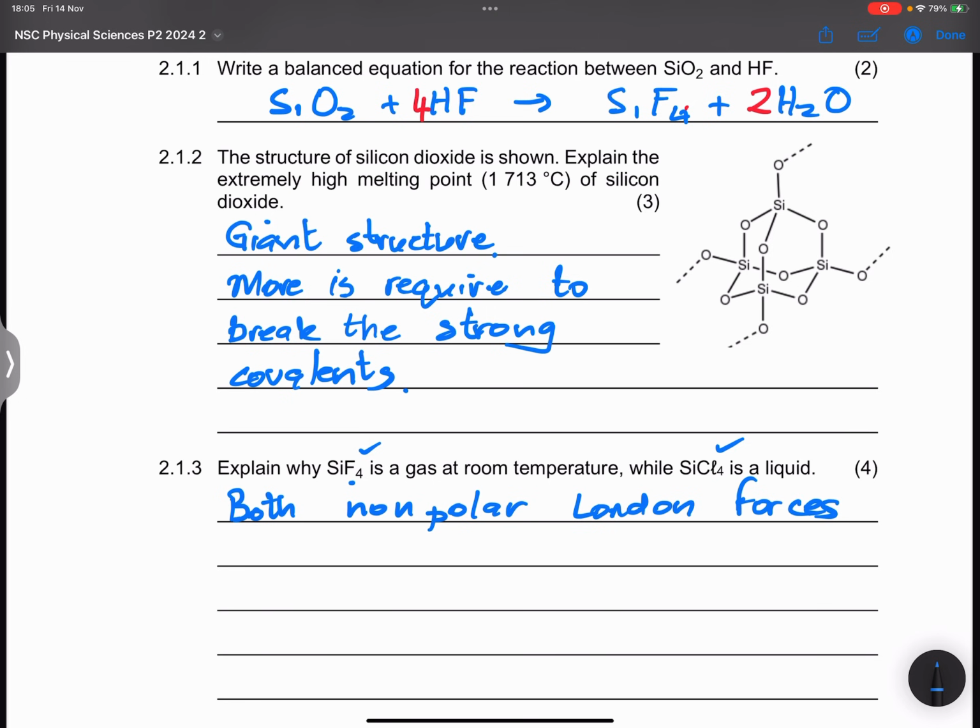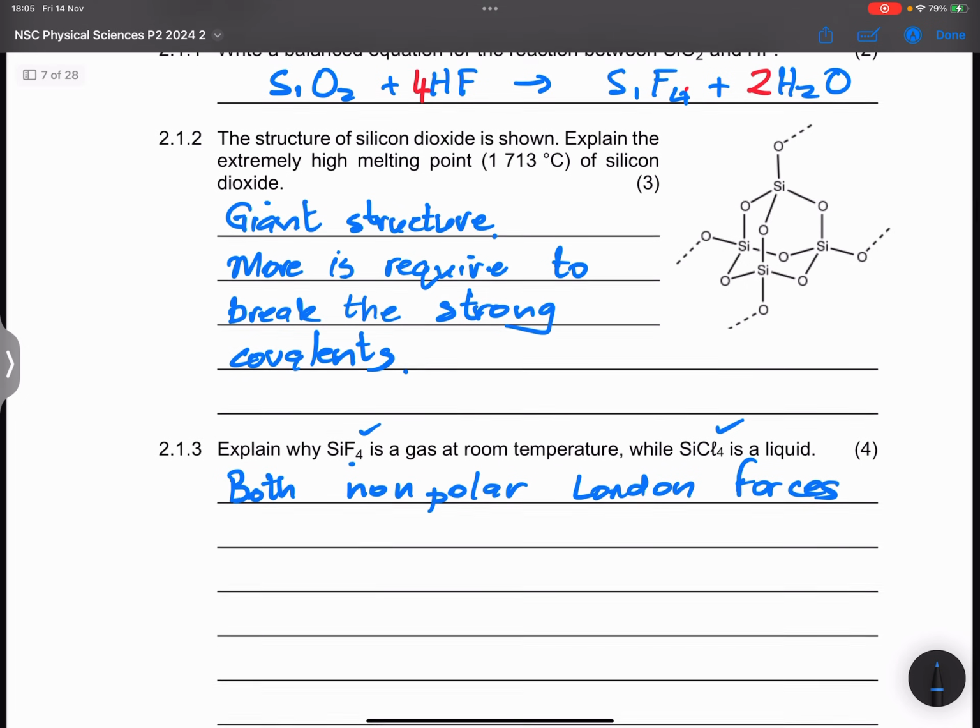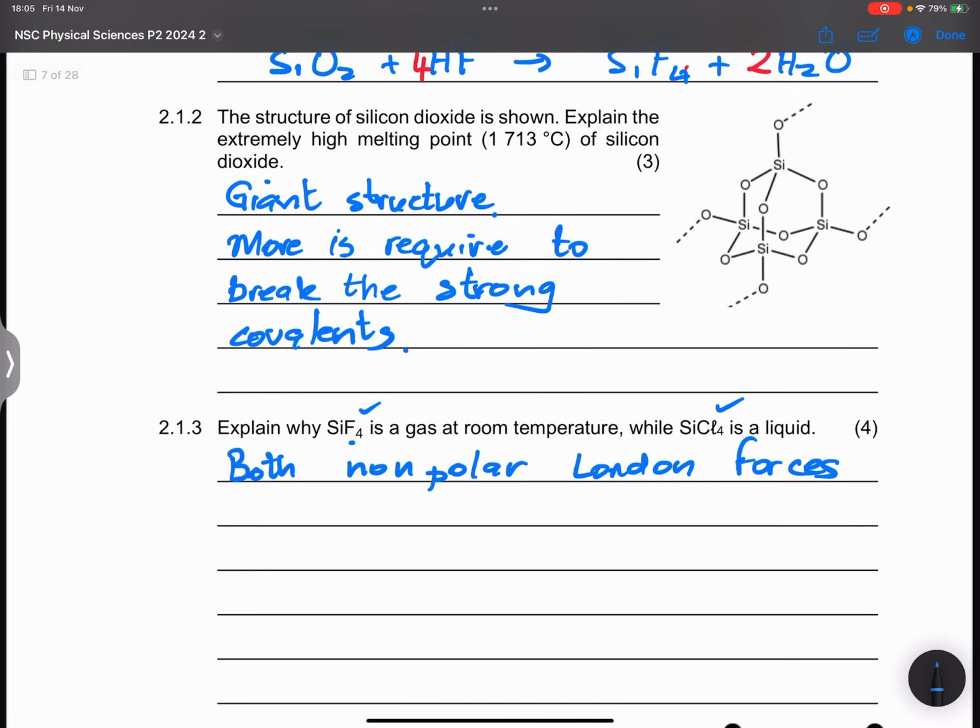So when we look at silicon chloride, we know that it's got a larger, now I want you to think about it, because of the size, if you look at the number of electrons that chloride has as opposed to fluoride, it means that its electron cloud is much bigger.